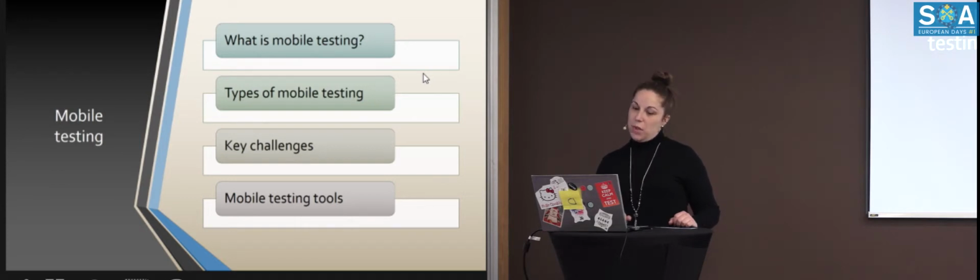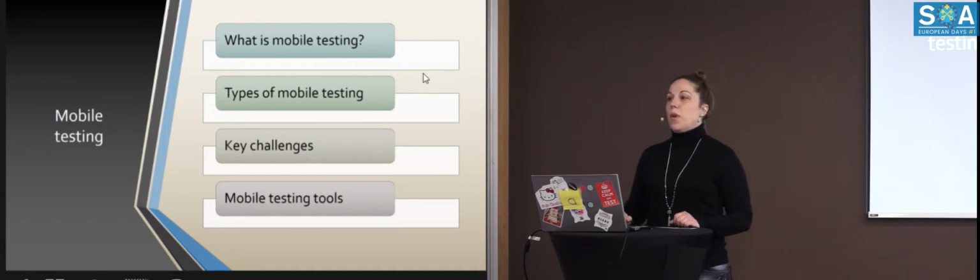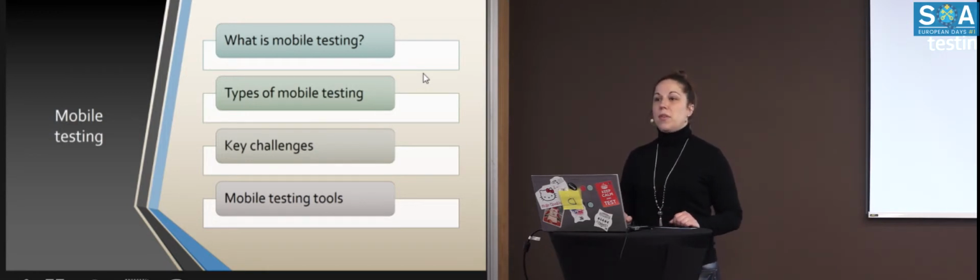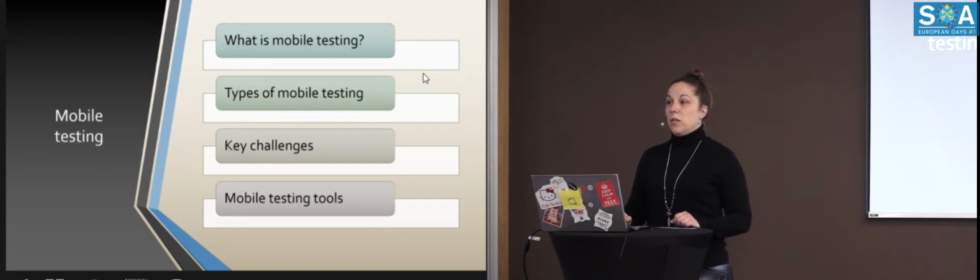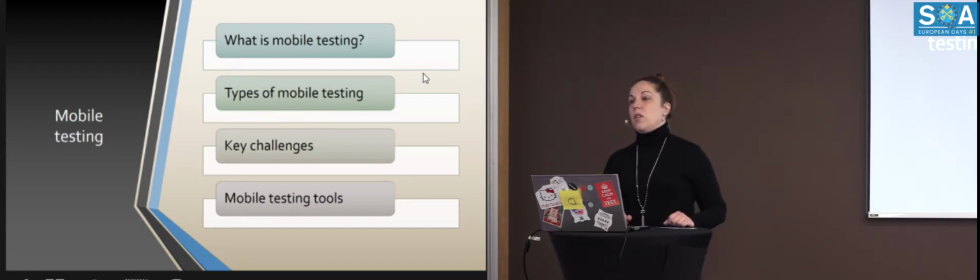And we have some typical mobile testing types, like installation testing, when we want to check if we can install, uninstall, or update our application. We have some more types like interrupt testing and usability. That is also very important because some devices are very small and the user must manage the application easily.